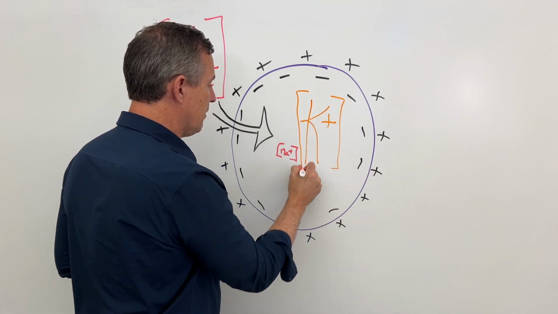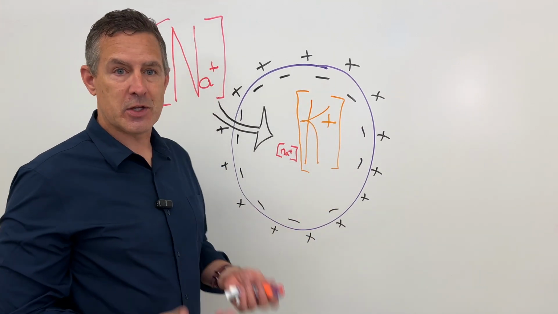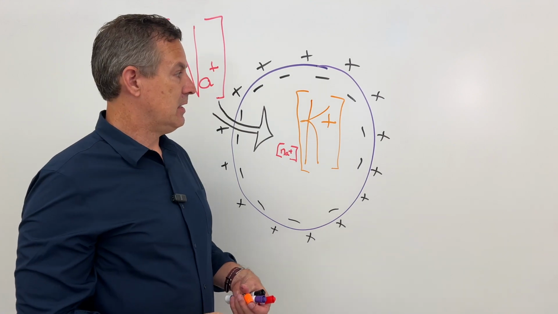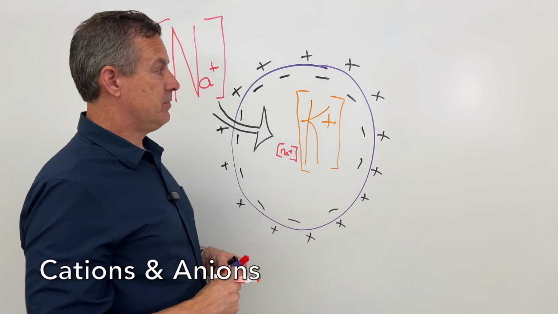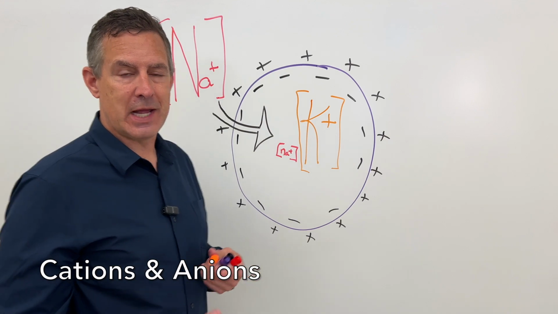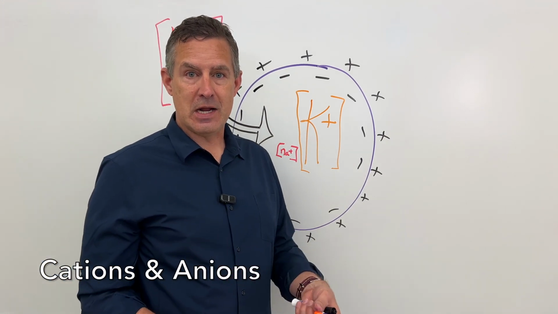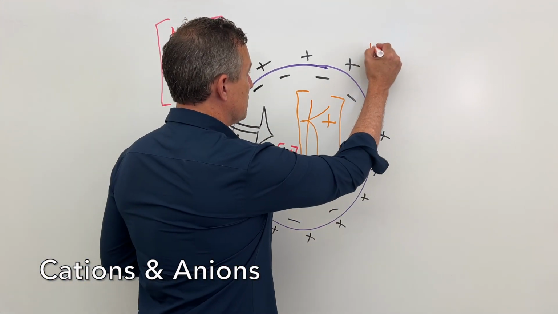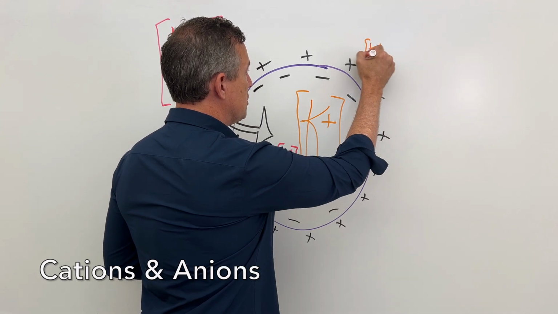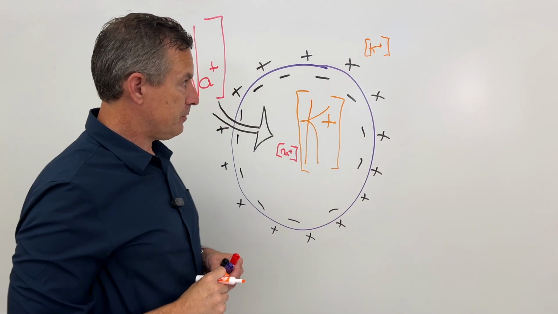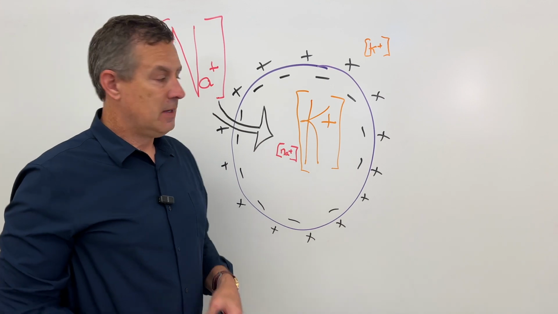Now, if we look at potassium on the other hand, potassium, once again, looks like this. Potassium has a positive charge as well. A positively charged atom is known as a cation, whereas a negatively charged atom like chloride is known as an anion. So we've also said there's a much lower concentration of potassium outside of cells.